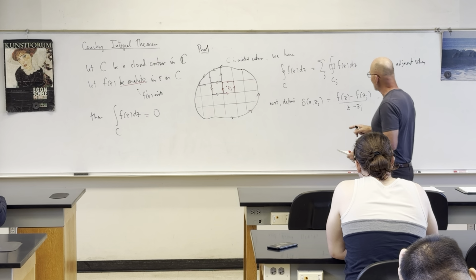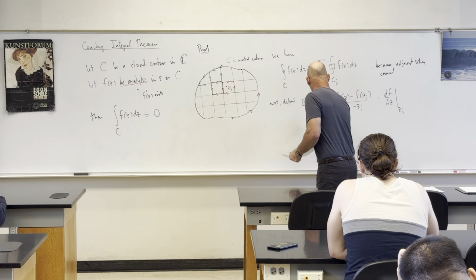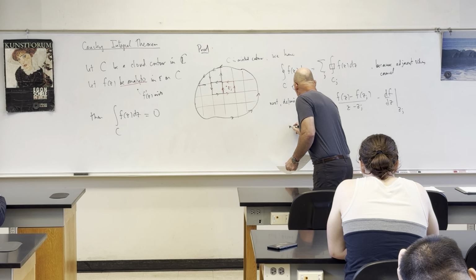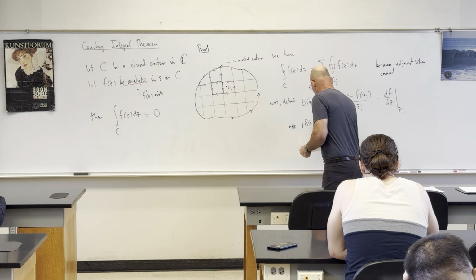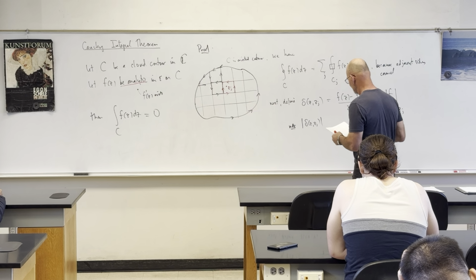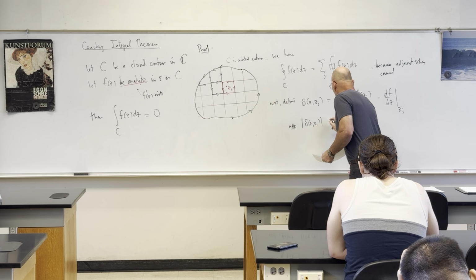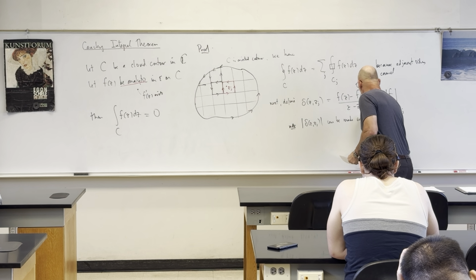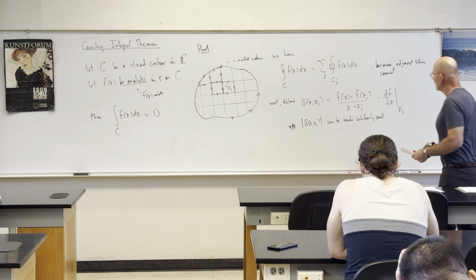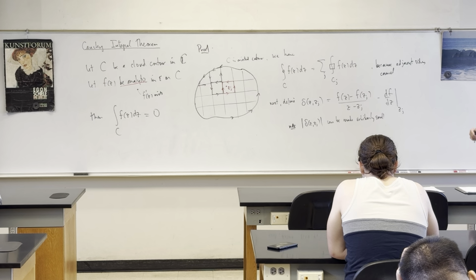Note the magnitude of delta of z and z sub j can be made arbitrarily small just by making the box smaller and smaller.